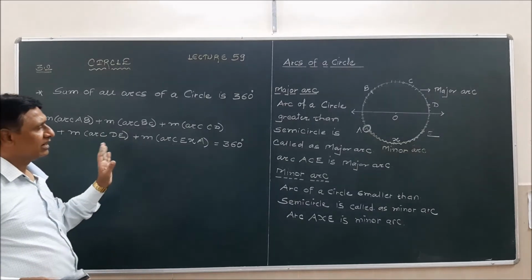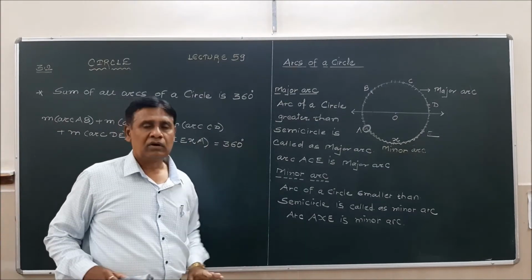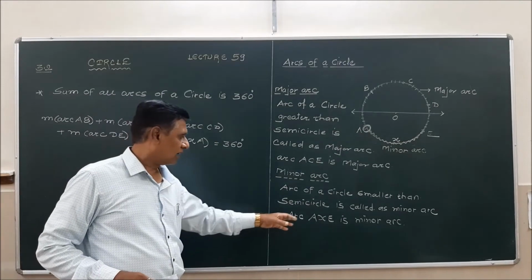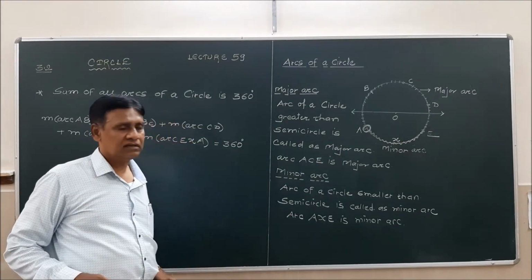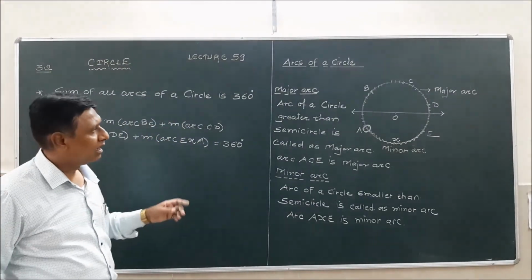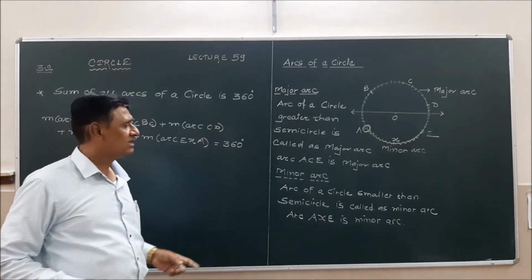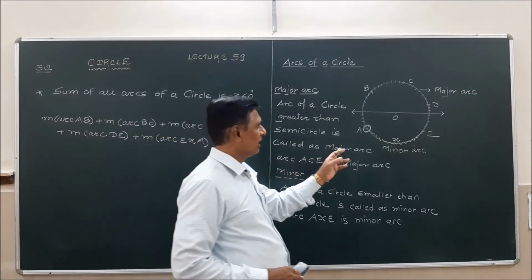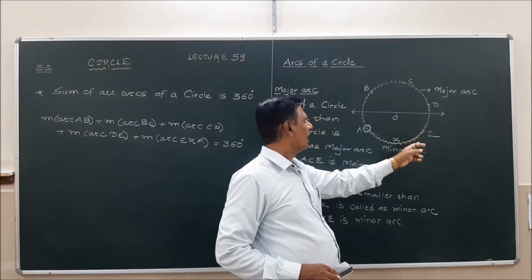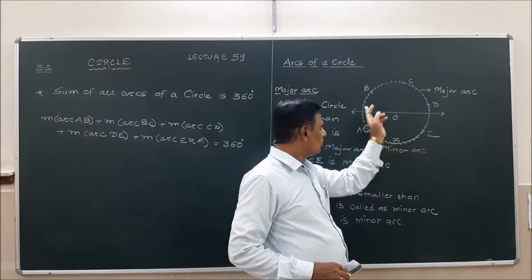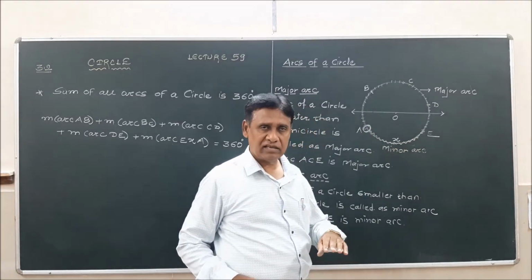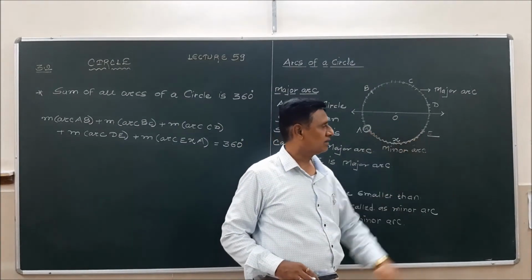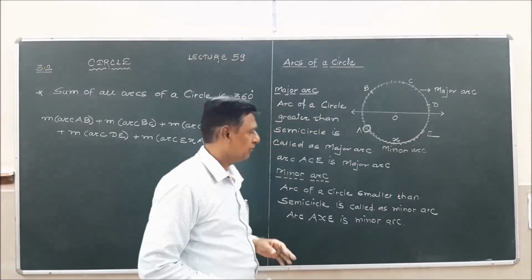Hope that this is very clear to you, how to get the sum of the arcs. Arc AC is a minor arc of the same circle. ADE is a major arc, or ABE also you can call. You may call it ACE. These are all the same arcs. Only the beginning point and end point should be the same.